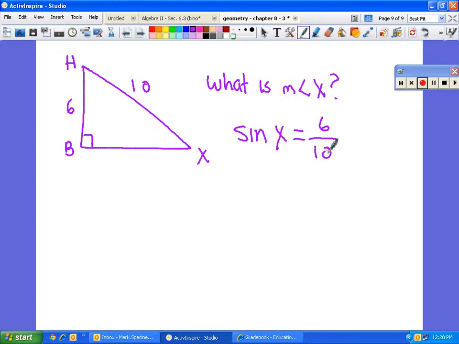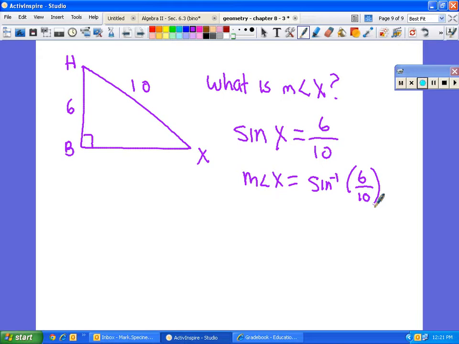So we're going to say that the measure of angle x is equal to the inverse sine of 6 over 10. Okay, so again, we want to know what angle has a sine value of 6 over 10.